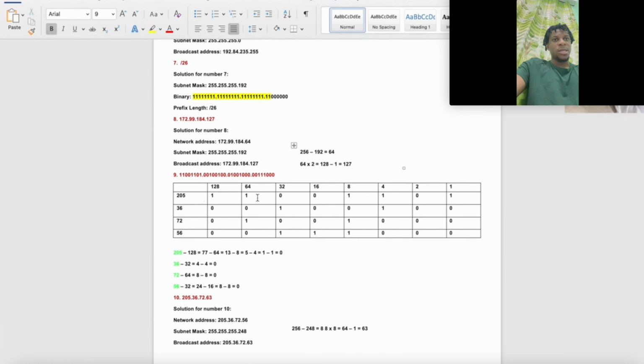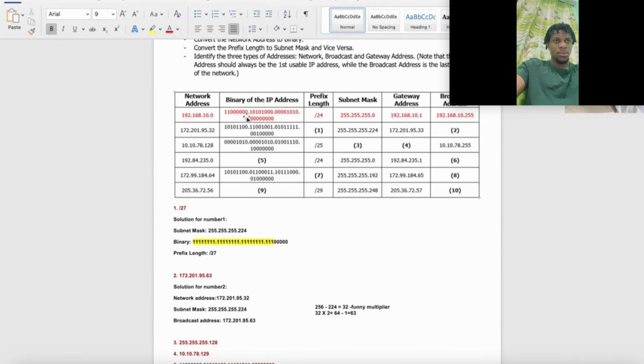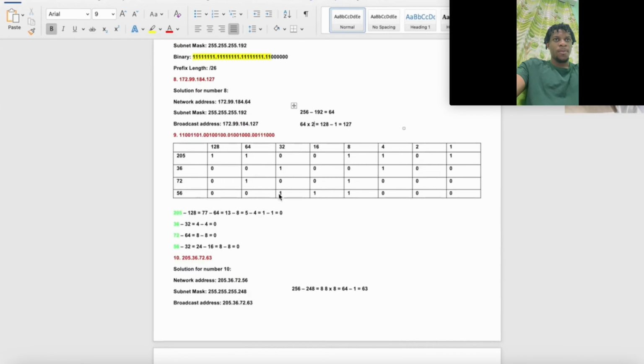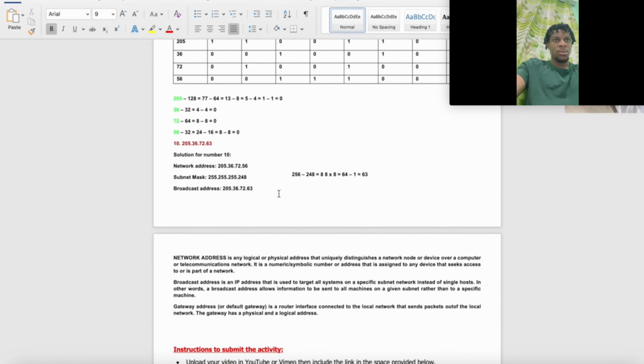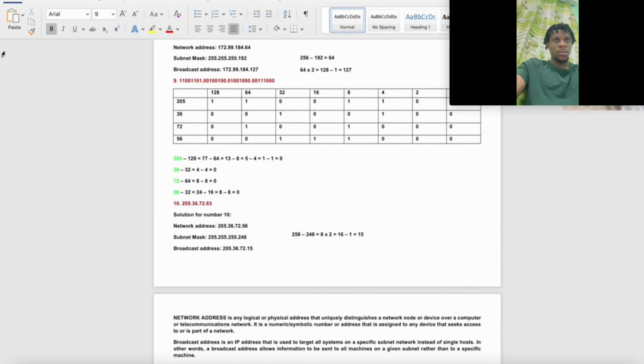The second one is 13 minus 8 equals 5, minus 4 equals 1, minus 1 equals 0. Same thing with the other ones, the 36, the 72, and 56.